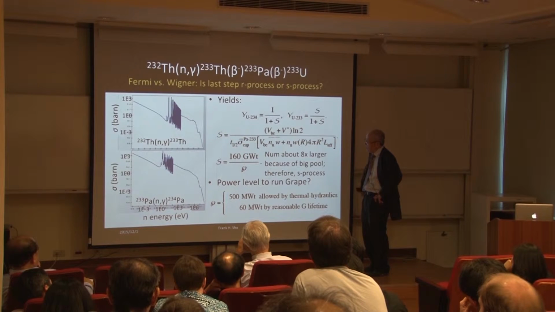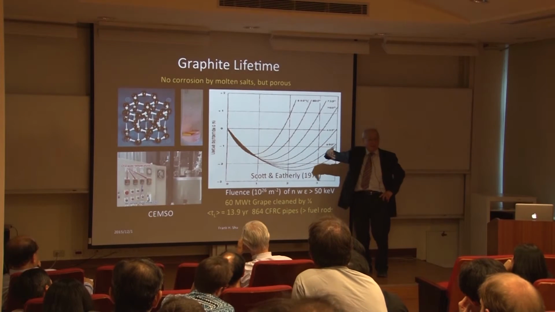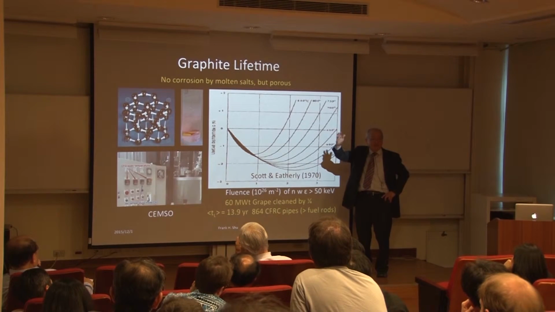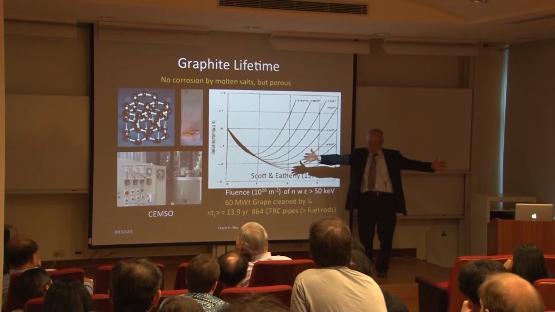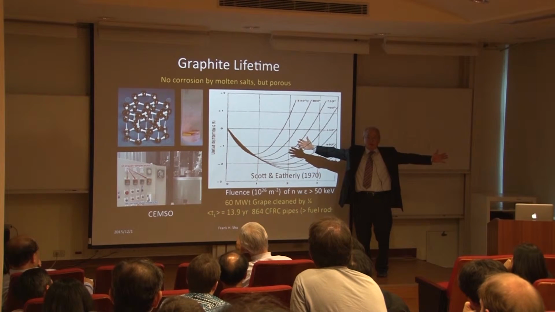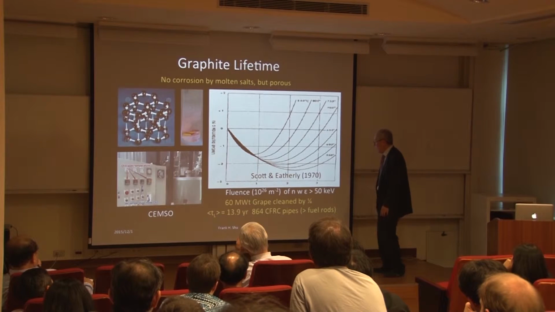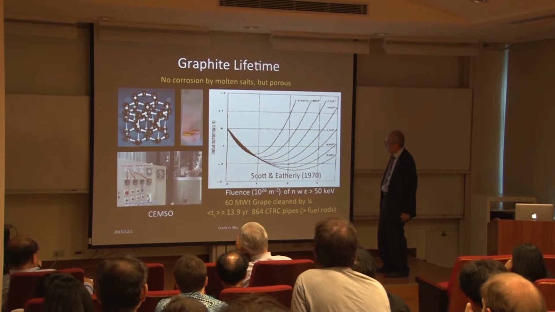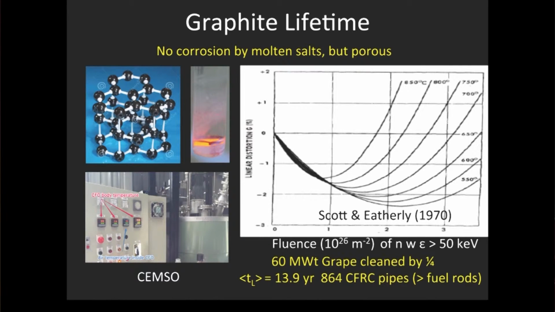So this would power a city of 50,000 people, okay? You know, a thing that's about this big. But it turns out that to not destroy the graphite, you can only run it at maybe 60 megawatts.